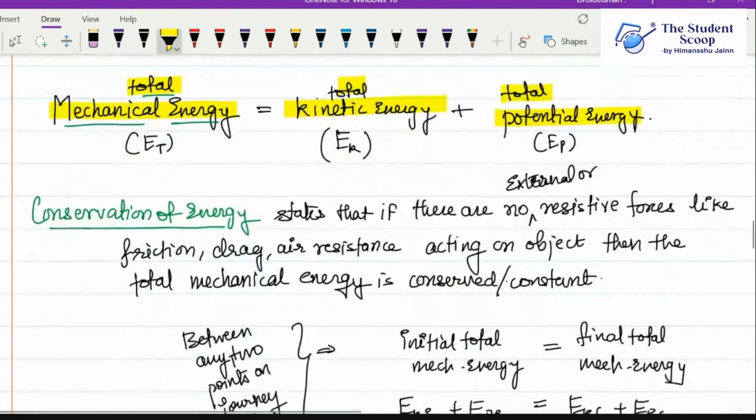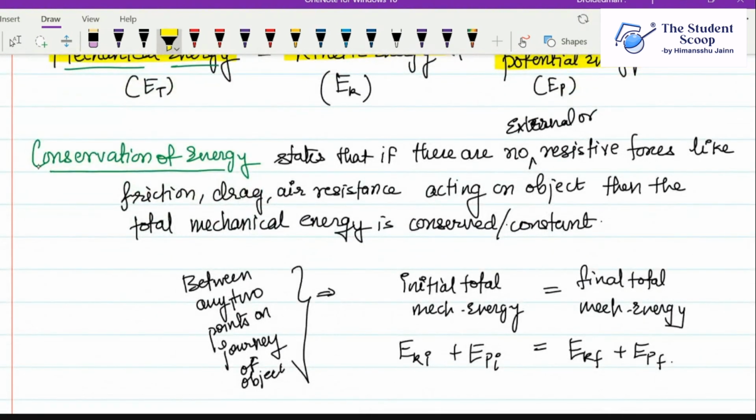Okay, and whenever this happens, we call this condition conservation of energy. What is the conservation of energy? Usually in earlier grades, we learn that energy cannot be destroyed nor created. It can only be transferred from one form to another.